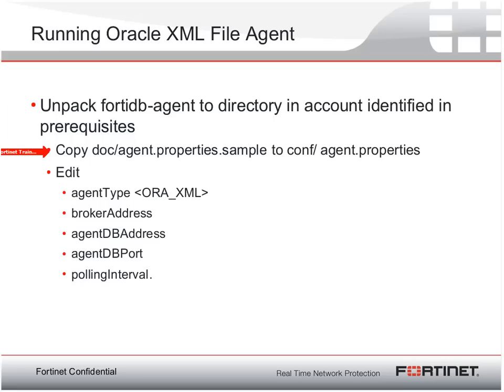So define, in this case we're using Oracle XML, and we define the various addresses of the agent, the broker, the polling interval, and this gives us this communication. Then we have the agent speaking with the DB, so it can recover that information, and then speaking back to the FortiDB.